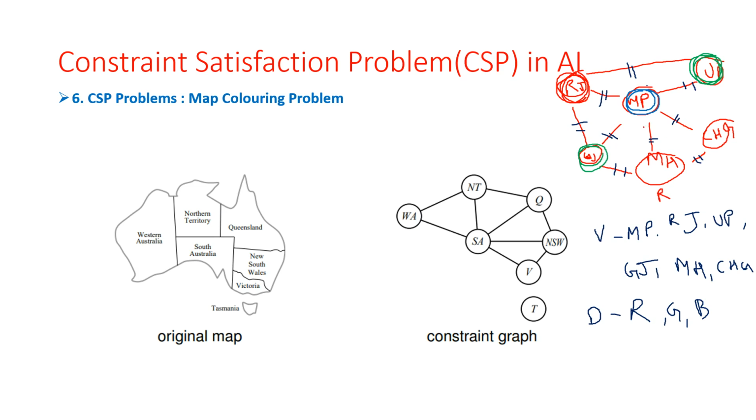Only red, sorry, because we cannot choose green, because this is a neighboring node, and we cannot choose blue, because this is also a neighboring node. So for Maharashtra we can only select the red color, but RJ and MH are not neighboring nodes. Okay? We can choose the red color for the Maharashtra state, and the remaining one is Chhattisgarh.